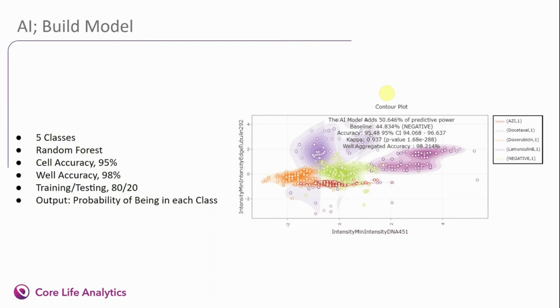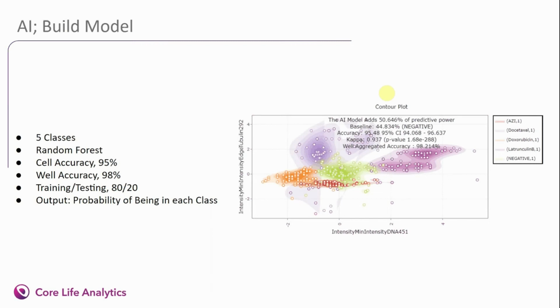Then what we can do is, because we have data at cell resolution, we can actually build AI models. And this is another way of doing the analysis within StrataMiner. We can isolate interesting wells that we have found during our clustering analysis, and we can label those and then use them to build AI models.